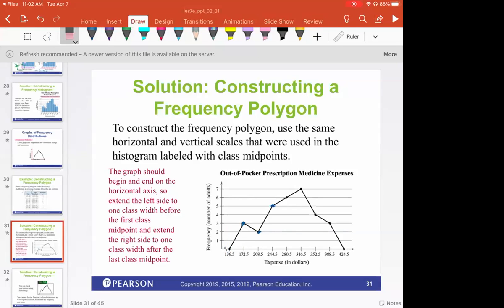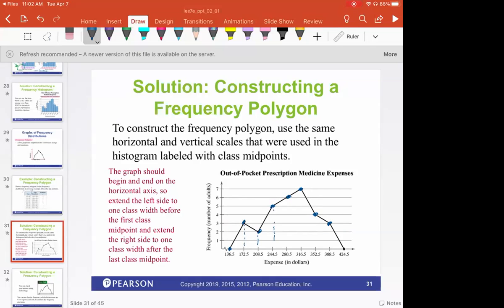You're just seeing where each one falls. You draw a point, like when you're drawing points on a Cartesian plane. Once you're done making all your points, you connect them to make weird angles.